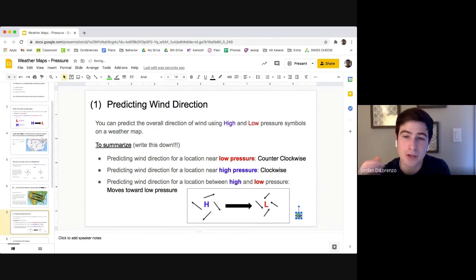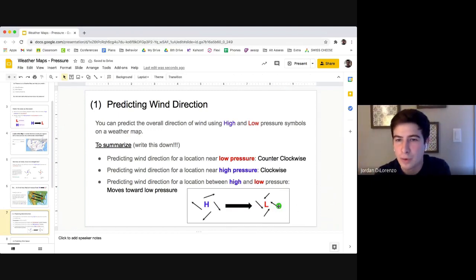Then you would look at where your location is relative to the low pressure zone. For example, if your location is east or to the right of a low pressure zone, you could put the arrows that go around it down, and then you would expect the wind at this location to be north or northwest.